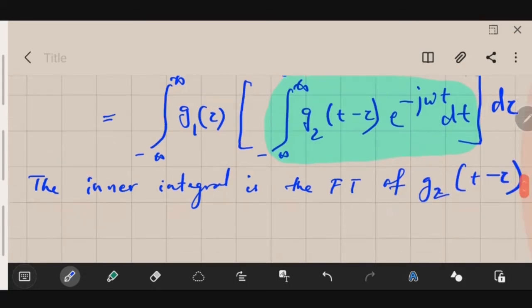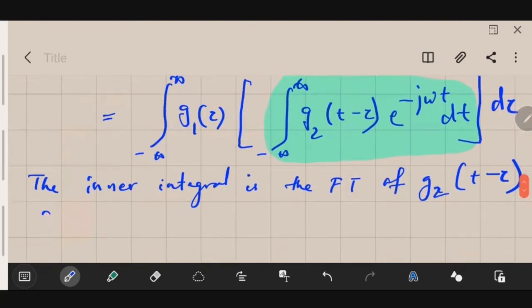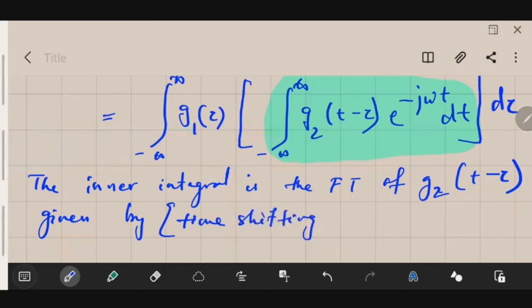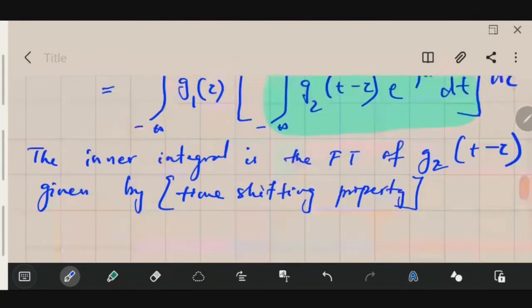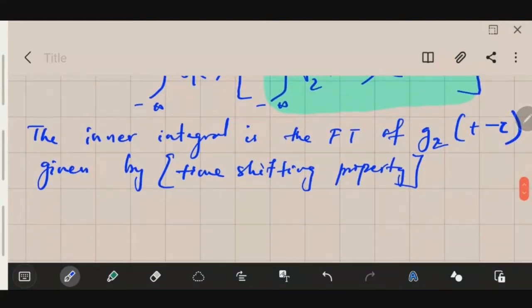Given by the time shifting property of the Fourier transform, in the frequency domain, e to the power minus j omega T will be multiplied. In this case, tau is present in place of that capital T. Let me write the formula here for your understanding.